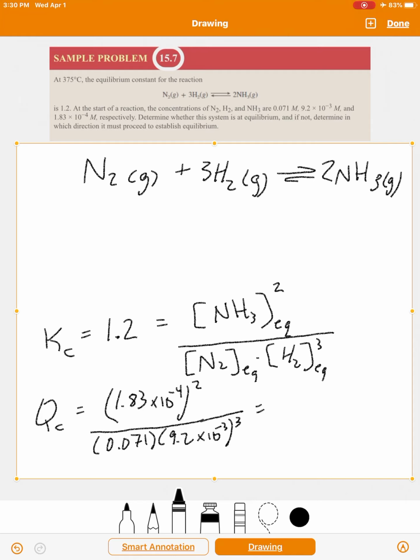Actually, let me go ahead and write it down: 3.349 times 10 to the minus 8, right? And then we're going to do the denominator. So it's 0.071 times 9.2 times 10 to the minus 3, and then we have to raise that to the third power. Your calculator should have a third power.